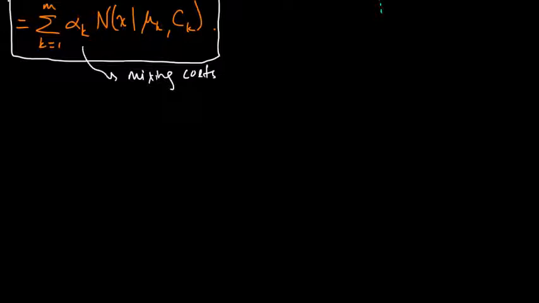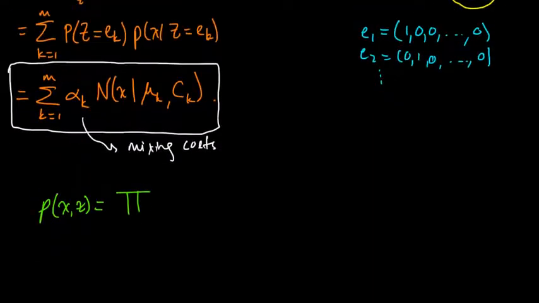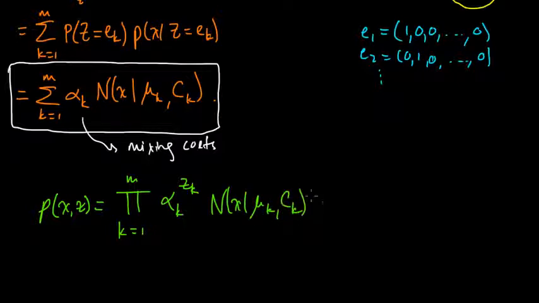So, of course, in general, the joint distribution on x and z always tends to be useful. And we wrote it here, right? It was just this if z was equal to ek, but we can write this as the product over all k's of alpha k to the zk. This is the kth element of z, which is going to be 1 if z equals ek and 0 otherwise, times the normal density at x with mean mu k and covariance ck, to the zk.